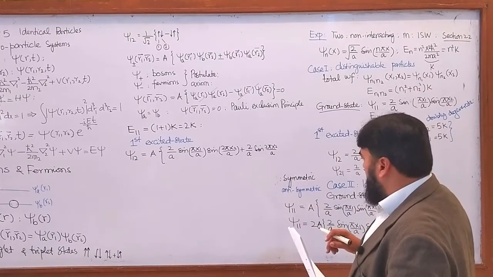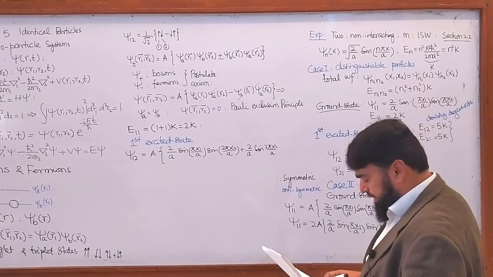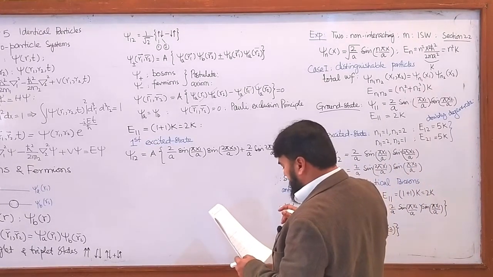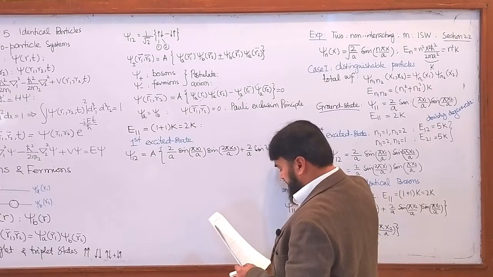So I will have 2 over A, 2 pi x2 over A, and then x2.